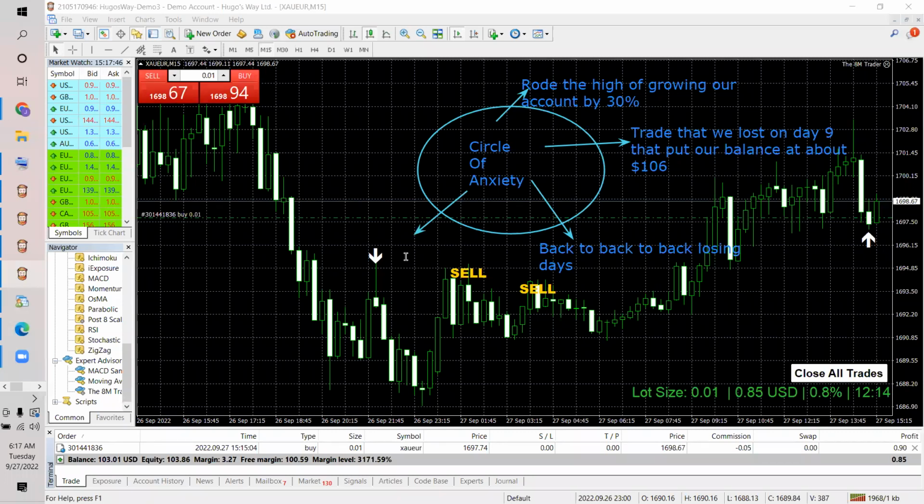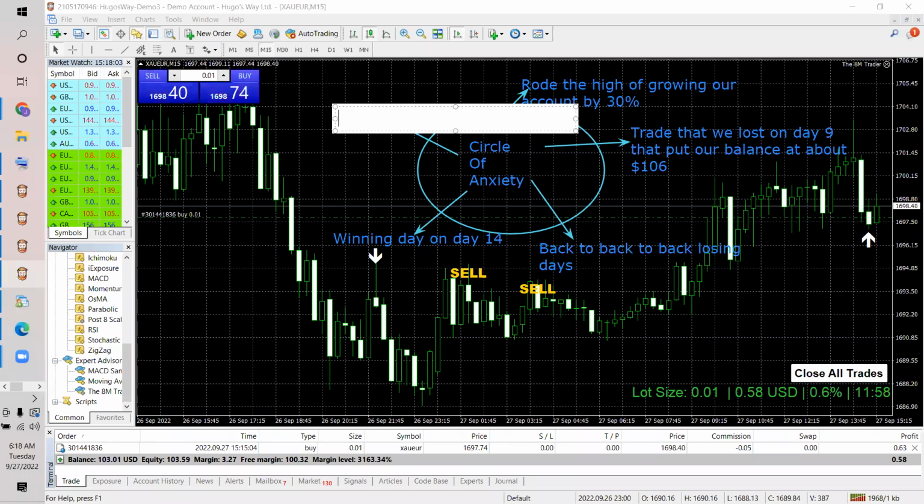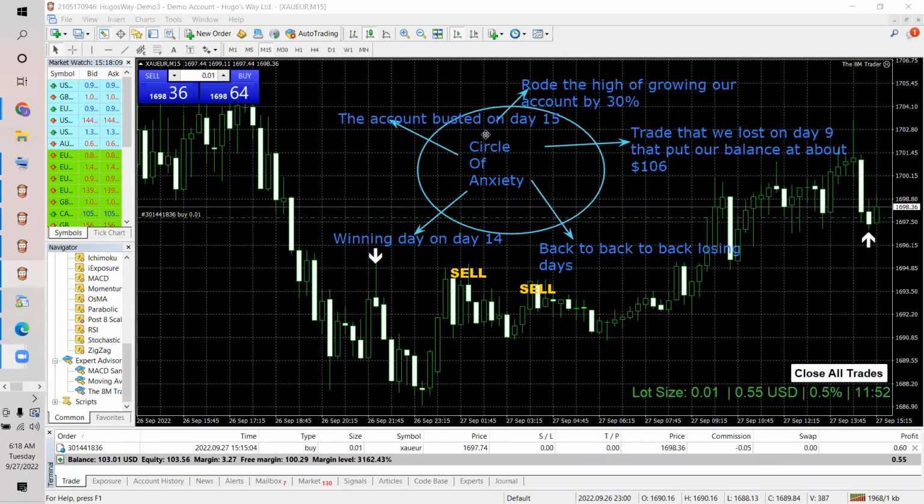Then we come back to a winning day on day 14. And then on day 15, the account busted on day 15.